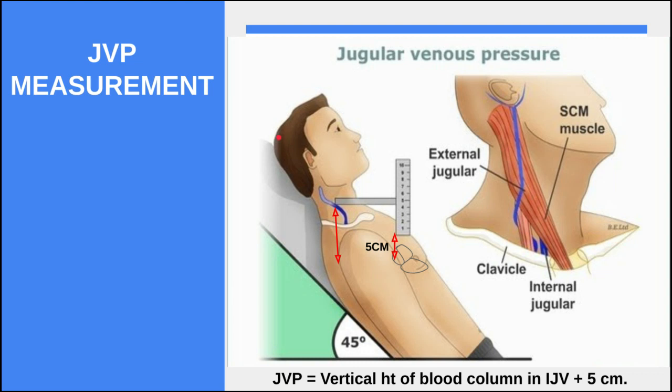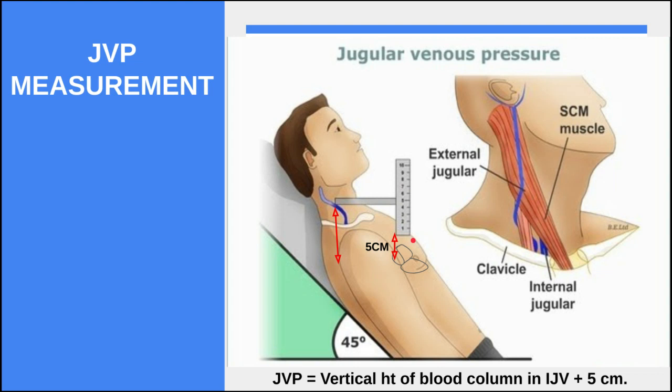Keep the patient at a 45-degree angle with head and neck adequately supported, and measure the vertical distance between the sternal angle and the upper border of the oscillating top of the blood column, with the help of two scales.